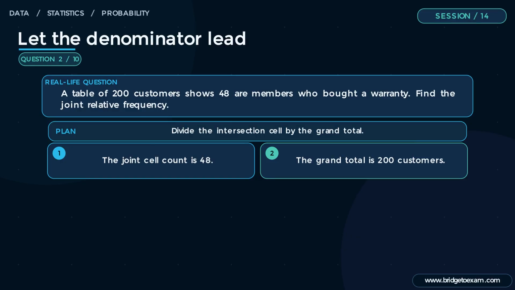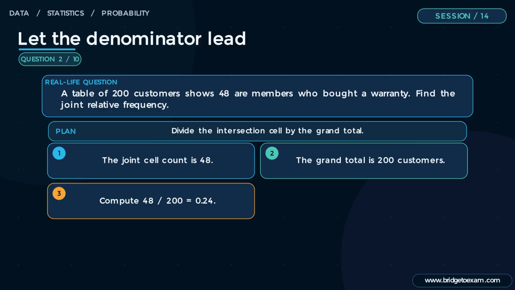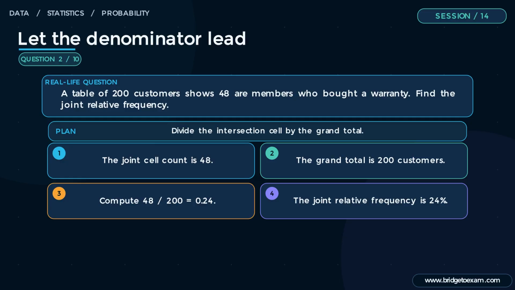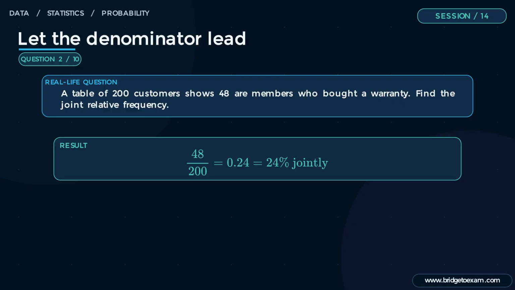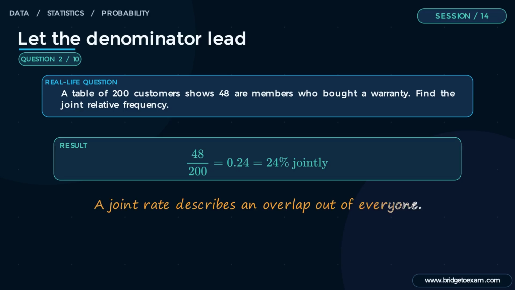Step 3. Compute 48 divided by 200 equals 0.24. Step 4. The joint relative frequency is 24%. Quick check. The statement is 24% of all customers were members and bought a warranty. This matters in real life because joint rates reveal combinations important for marketing and service planning.